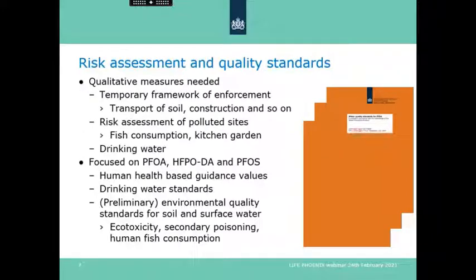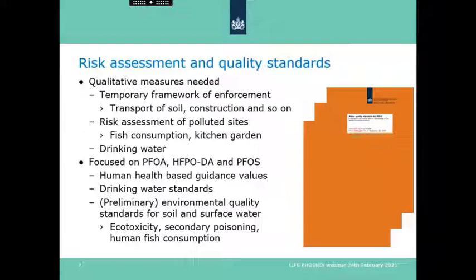And there are several levels of standards. For example, the human-based guidance values, the toxicological daily intakes, and so on. Drinking water standards have been derived, but also environmental quality standards for soil and surface water.